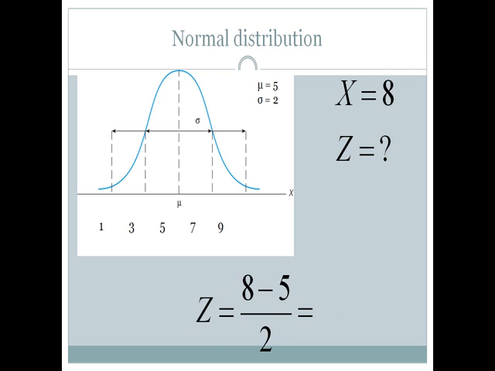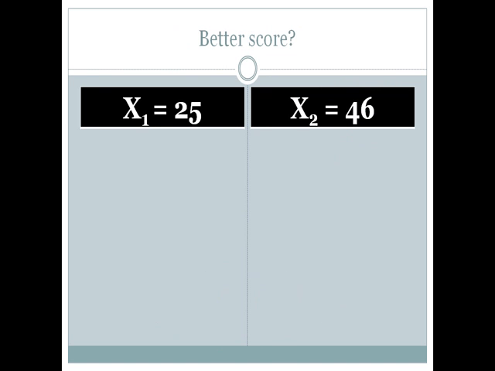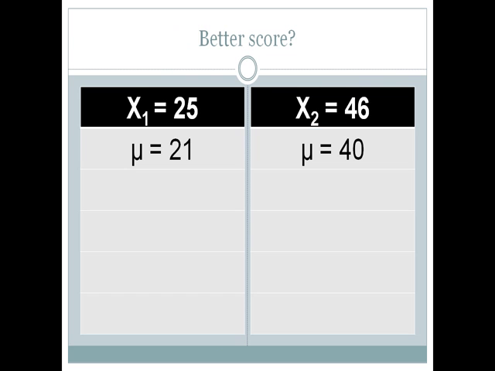Okay, let's go back to that example before. Let's say I took 2 tests in a day. I made a 25 on the first test and a 46 on the second test. At first glance, it might look like I did better in the second class, making a 46. But what if we add information about the mean score for each of those classes?